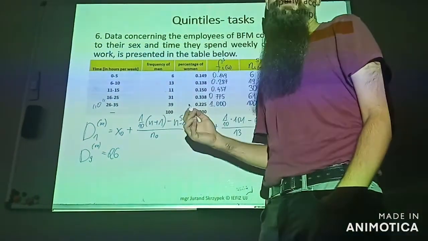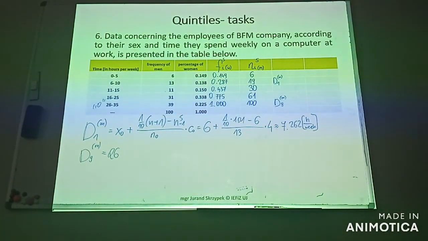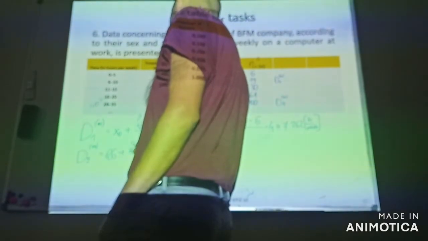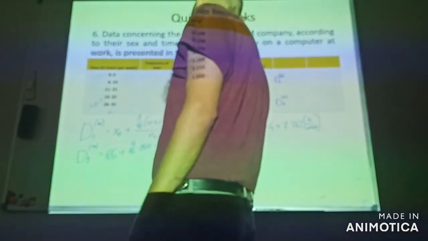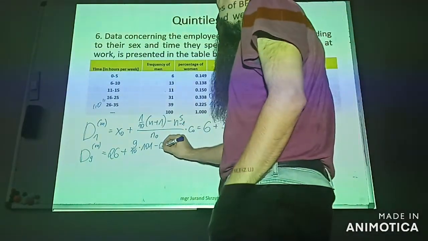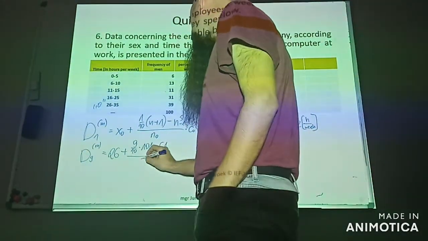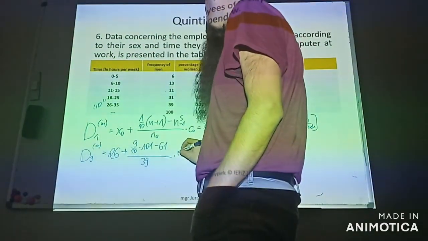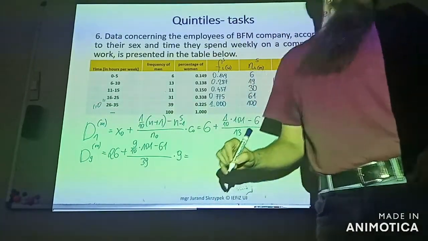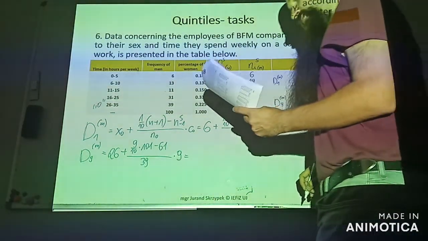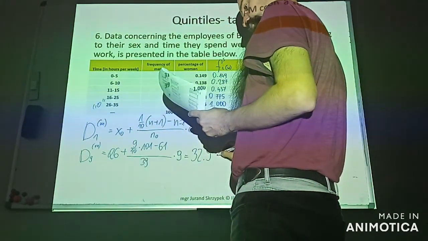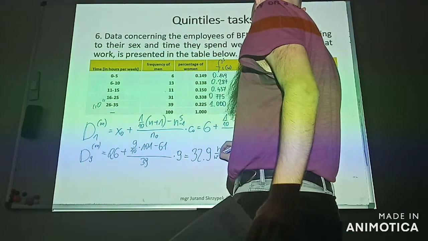This is a shortcut, but you know where these numbers come from. 26 plus 9/10 multiplied by 101 minus 61, divided by 39, multiplied by the range of the class, which is 9, and the final result is 32.9, exactly 32.9 hours per week.